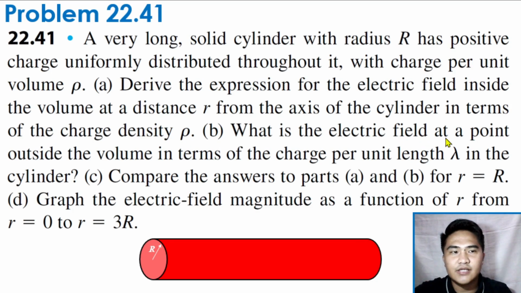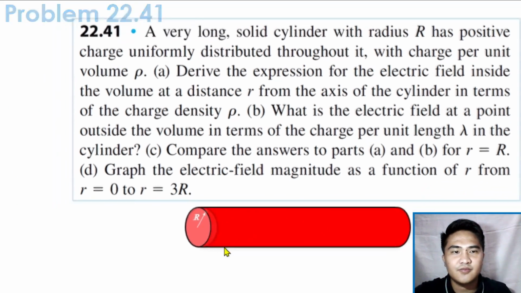What is the electric field at a point outside the volume in terms of a charge per unit length lambda in the cylinder? Compare the answers to parts A and B for small r equal to big R. Then graph the electric field magnitude as a function of small r from small r equal to 0 to small r equal to 3 big R. So this is the figure for the problem.